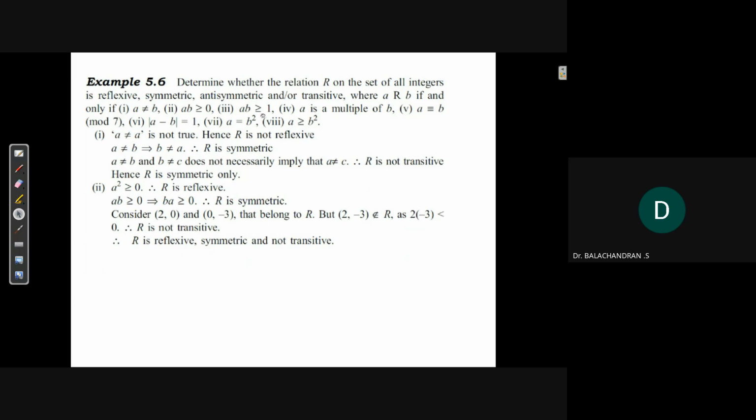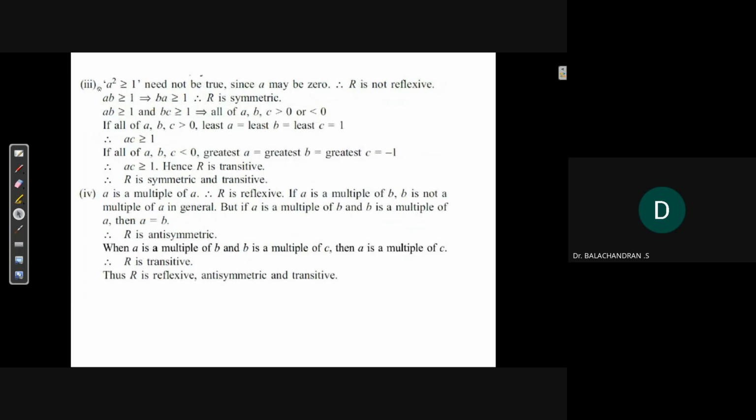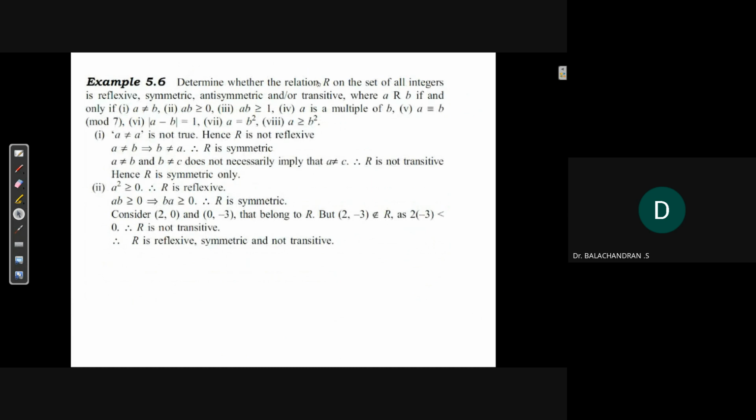Okay. Second one, ab greater than or equal to 0. Next, ab greater than or equal to 1. Third subdivision. To prove it is reflexive, a into a greater than or equal to 1, so a square is greater than or equal to 1. But here R is the set of all integers, meaning positive integers, negative integers, or it may contain 0.